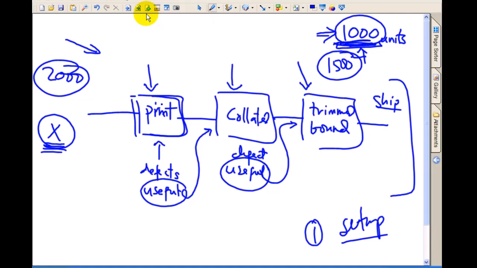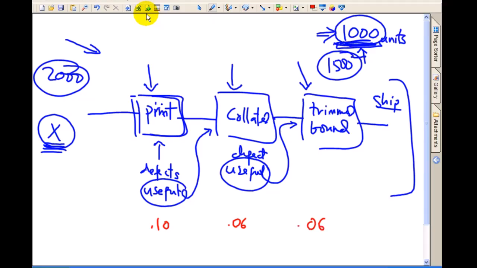So for this particular problem, the defect rates are stated, are they not? First stage, what's the defect rate? 10%. Okay. Next stage, 6%. Next stage, 6%.